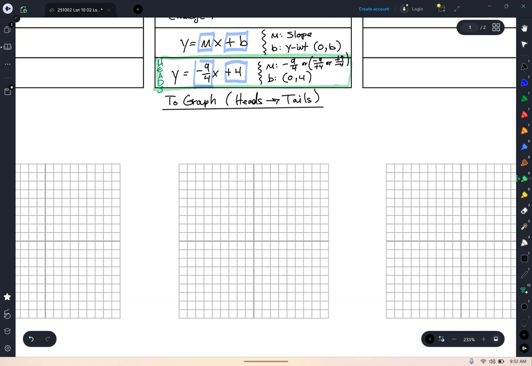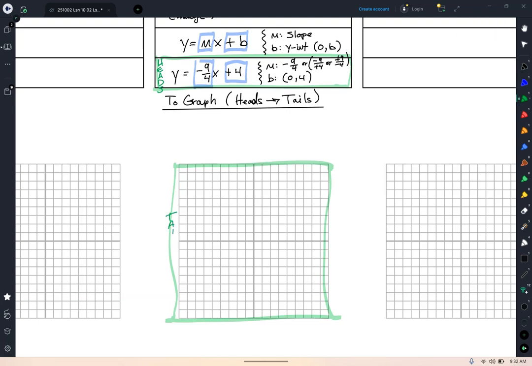And so then down here is where I'm going to find my tails, and the goal here is to go from heads to tails. So I want to go from my algebra side, from this to my graph, to create a picture of the equation y equals negative 9x plus 4.